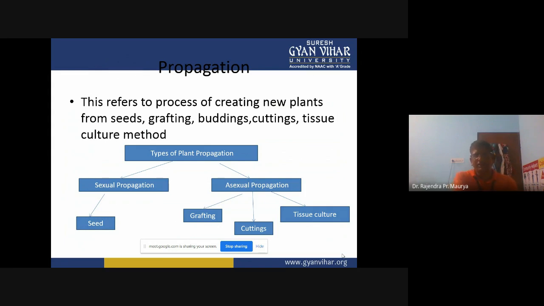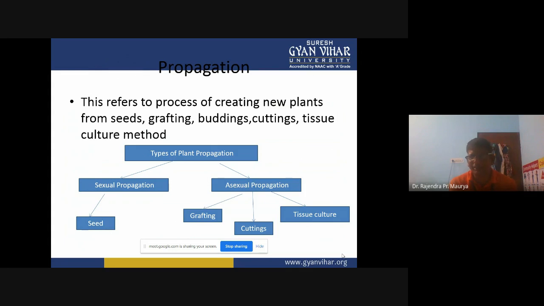For example, lychee: if we propagate from seeds, it will take around 7 to 12 years to come to the bearing stage. That's why we go for the asexual or vegetative propagation method. In lychee we do air layering, and air layering is a commercial propagation method.